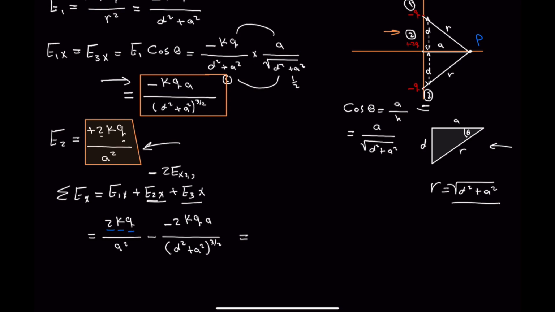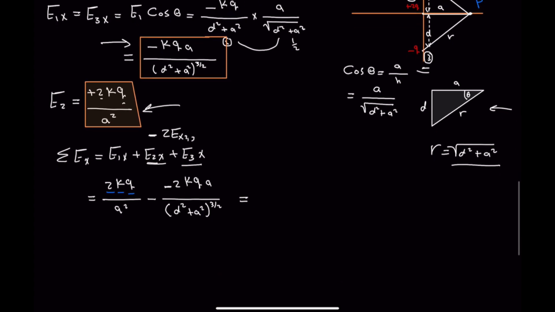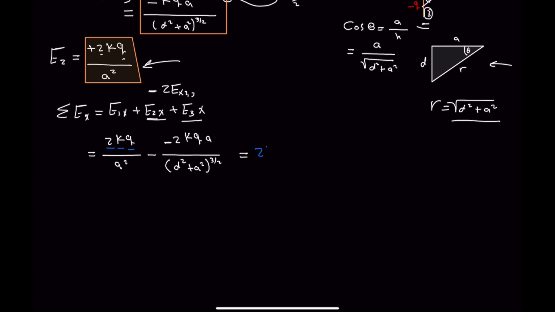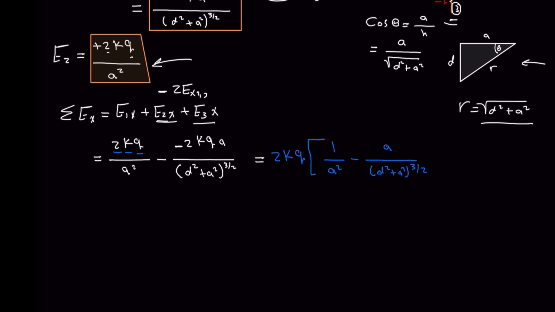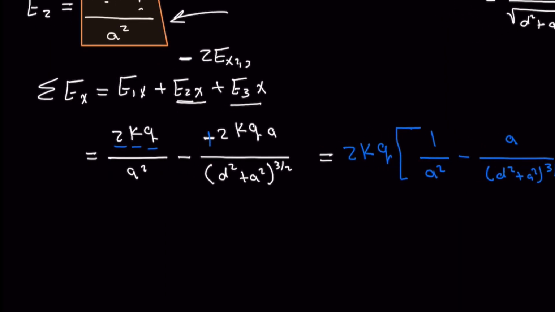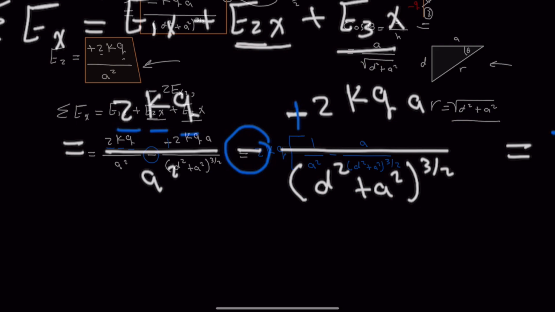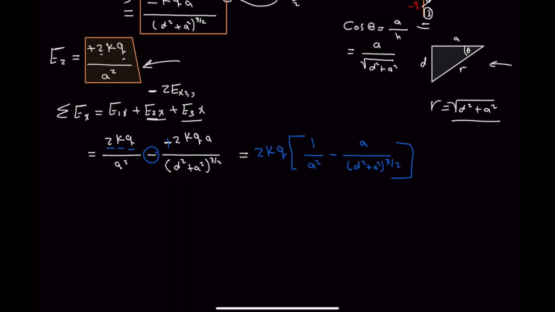So the remaining here becomes 2kq, then bracket 1 over a squared minus a over d squared plus a squared all to the power of 3 over 2. And by the way, this one is supposed to be positive because we already took the negative in here. And that's it. Thank you.